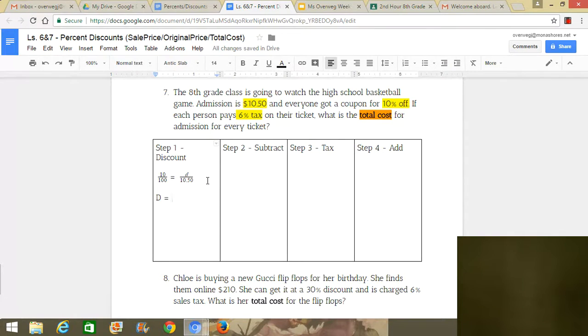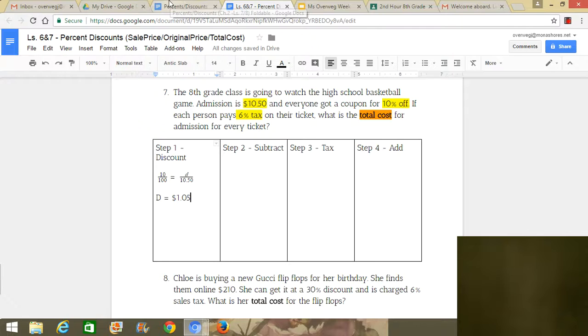So let's type in 10 times 10.5, divide by 100, and hopefully you got the same answer as me. I got $1.05. So we get $1.05 off of our price.